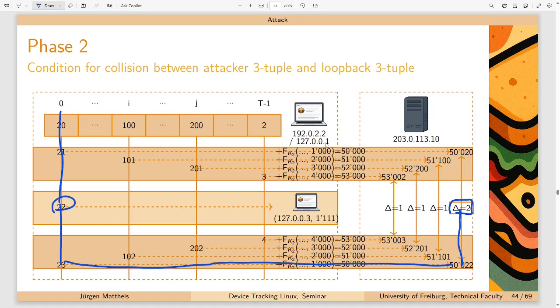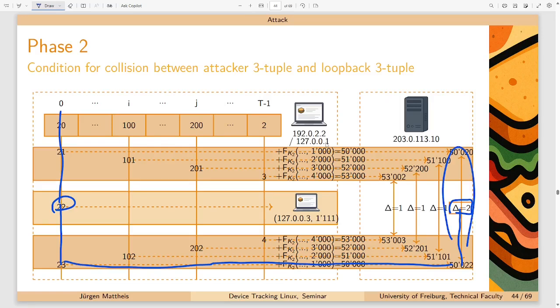Because we only send a single loopback free tuple, only one of the attacker free tuples will get a source port increment. And that is this one. And by this we can deduce that both of them collide.